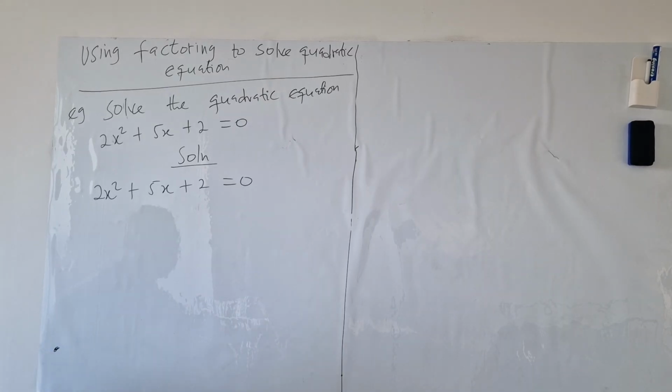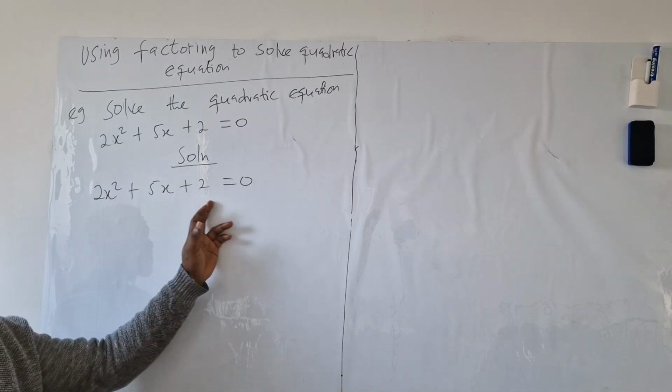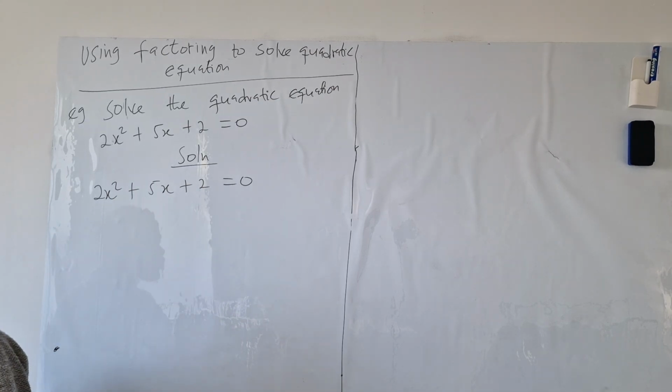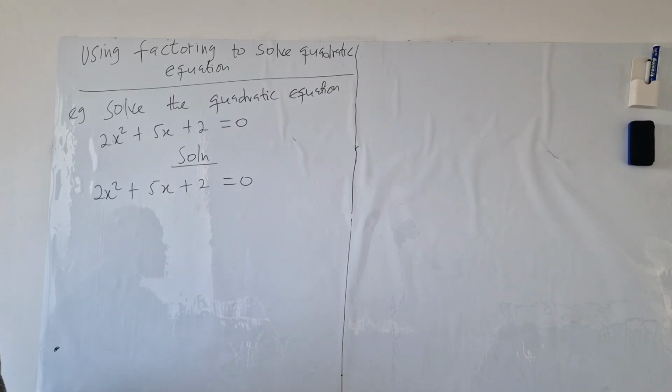So using factoring method, we must change that quadratic trinomial at one side of the equal to sign to 4 terms. When we change it to 4 terms, then it becomes easier to solve. So how do you change these 3 terms to 4 terms to be able to solve this quadratic equation using factoring method?